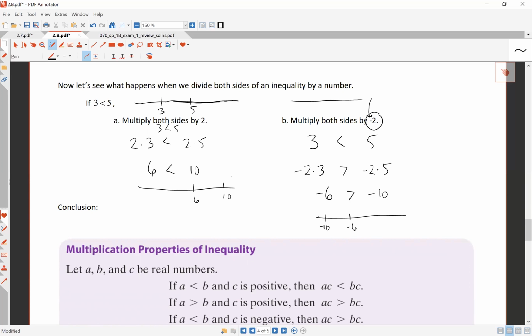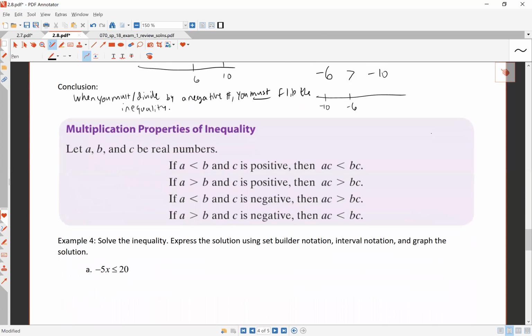So the conclusion is when you multiply or divide by a negative number, you must flip the inequality.